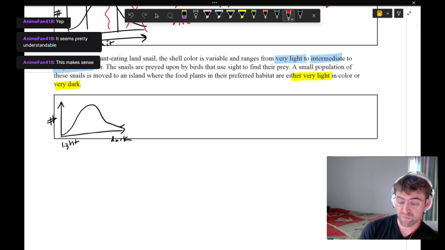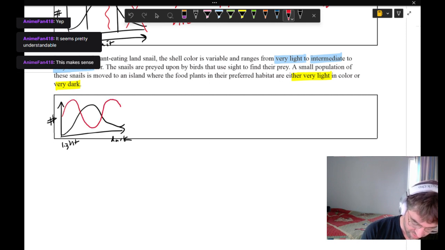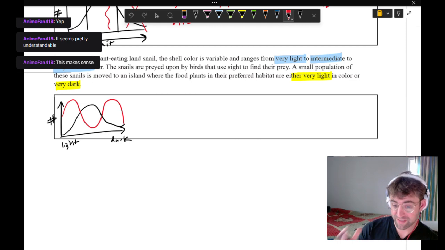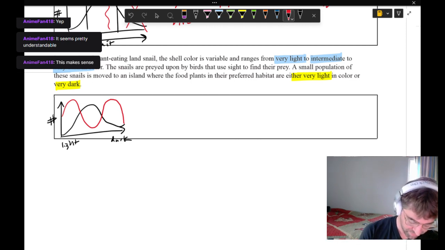We can safely assume that the color of these snails' shells is functioning as cryptic camouflage, right? On a dark background, the dark ones are going to be the least likely to be seen. Inversely, on a very light background, the very light-colored snails will be the least likely to be seen and eaten by predators. And this is an example where the intermediate of the trait in question, in this case the lightness or darkness of the shell, will be punished.